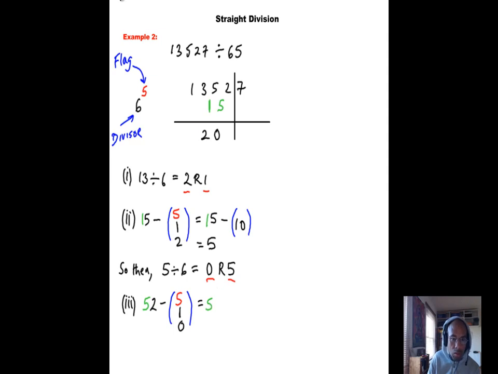I'm taking trouble to do this in multicolours, so that it makes it easier for you to understand exactly what's going on. Well, at least the process of how to do it. So in this parentheses we've got 5 times 0, which is 0. So what we're left with now, I'm just going to do that in black, is 52.